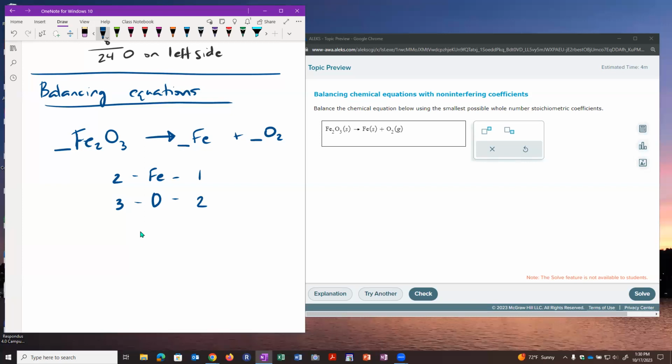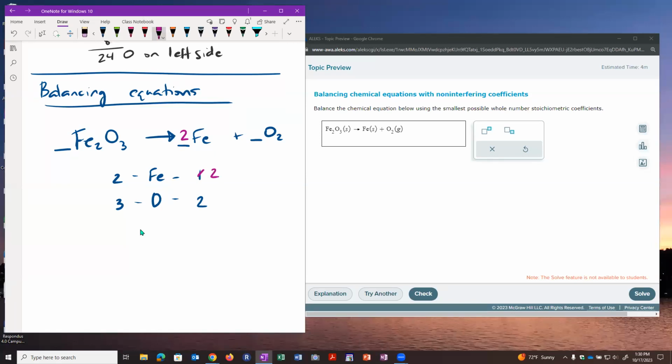So when it comes to balancing, really, it's just trial and error that you're doing, but there are some strategies that you can use to make that trial and error go by a lot quicker. So for right now, if you wanted to do this step by step, if I want to make 2 irons on the right side, I can put a 2 in front of the Fe. So 2 times, remember, when you don't see a subscript, 1 is understood to be there. So 2 times 1 is going to give me that 2 irons.